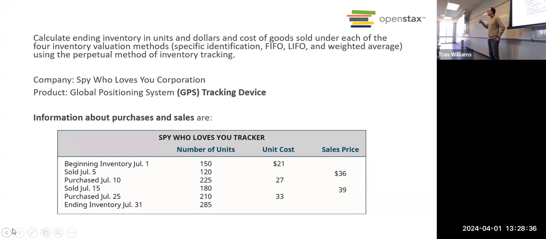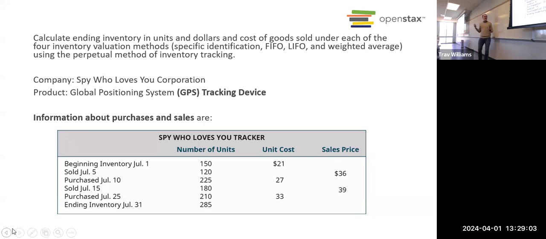But what we're concerned about in this chapter is mostly the cost, not the price. What does it cost the company? Well, at this point, all of their previous inventory was $21 per unit, right? But if we're using the periodic method, we're waiting until the end of the period to figure out what the cost was.